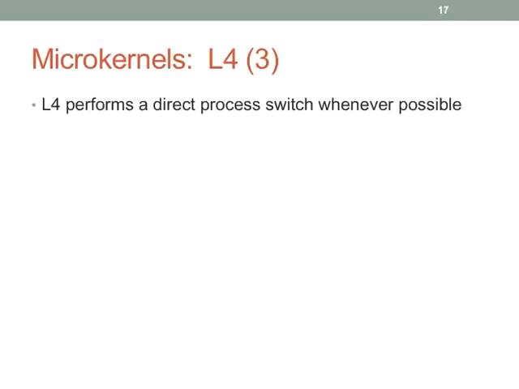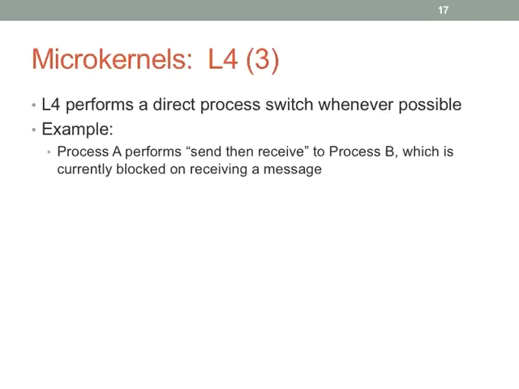L4 also schedules a little bit more fast and loose than Mach did, for example, where basically if I do a send and then receive to another process, I am basically telegraphing that I am incapable of proceeding until process B executes. And if I do that and I have like a huge percentage of my time slice left or something like that, why even invoke the scheduler?